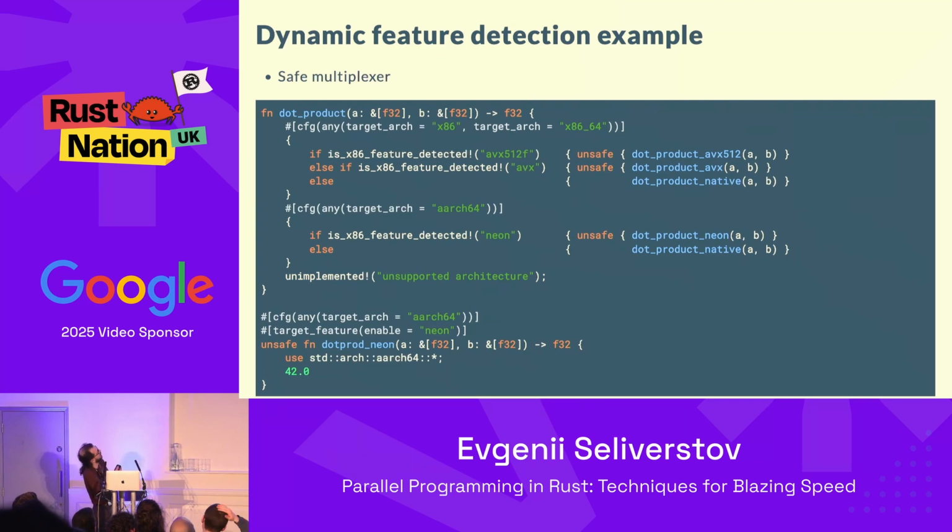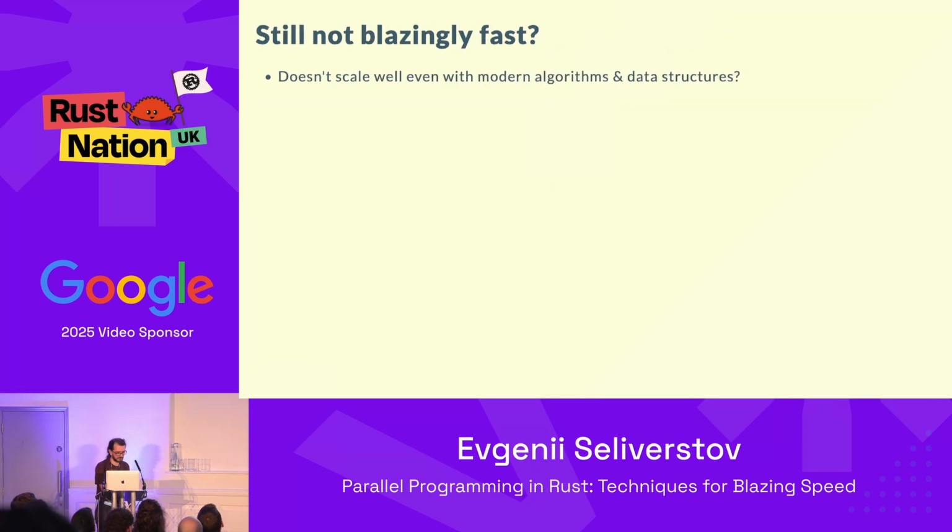It's a safe function. So we compile this chunk only for Intel, and we route to different implementations. So for AVX, for native code, and we only have a specific function for a specific architecture generating the code for this instruction set. So it's unsafe code wrapped in a safe wrapper. So you can go wrong, probably.